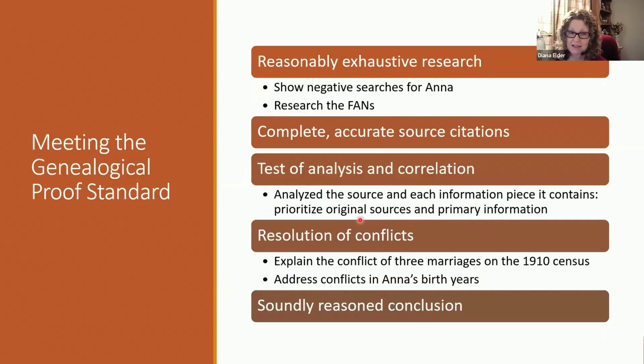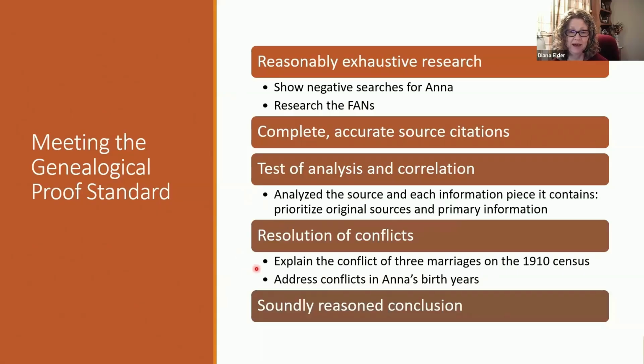So we've got censuses, which are good original sources, and we've got some newspapers, which we'd have to look at and think about what kind of source, what kind of information, but we don't have any derivative sources that we would want to find originals for at this point. So that's good. And then we have to resolve the conflicts.